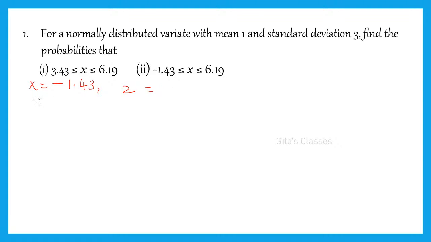And 6.19 we have already found out; when x is equal to 6.19, we found z to be 1.73. Find out the z value for minus 1.43. Z is equal to what?